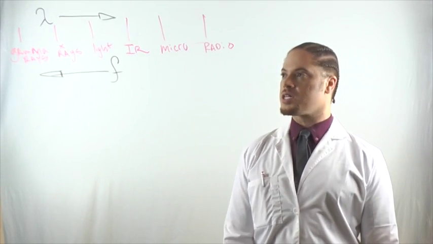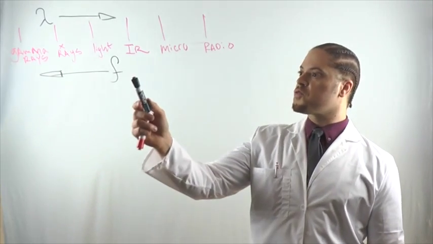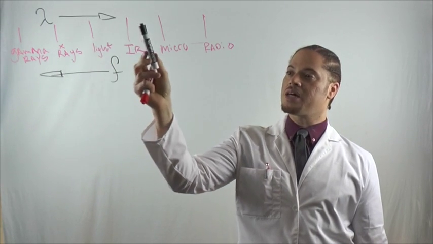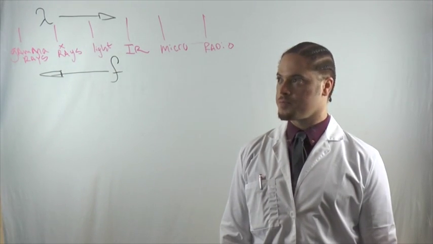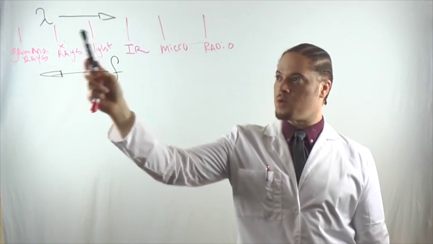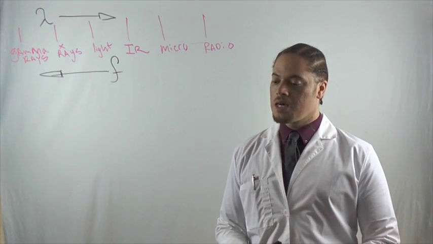When considering the scale of electromagnetic radiation, your frequency increases in this direction while the wavelength increases in this direction. The shorter the wavelength, the more energy. The higher the frequency, the more energy.